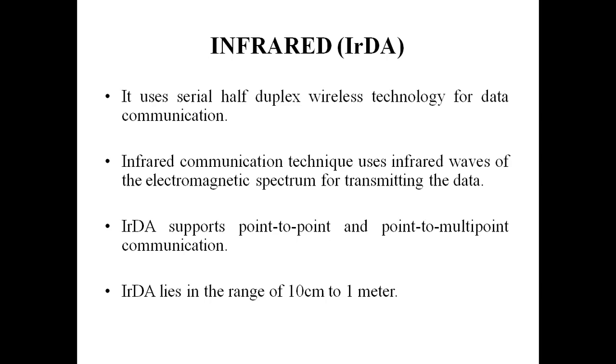What do we mean by infrared? Infrared is a serial half duplex communication used in wireless technology. What do we mean by half duplex? Half duplex means one-way communication at a time. Infrared has been in use since the olden days. The infrared communication technique uses infrared waves of the electromagnetic spectrum for transmitting data.